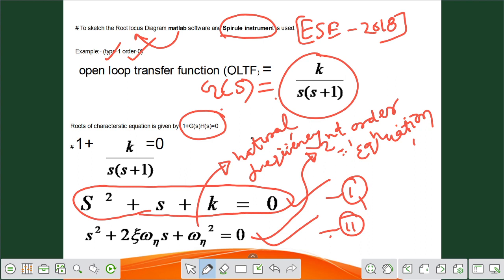What is zeta here? Zeta is the damping ratio. Already we have seen in previous units what the damping ratio is and how it comes, so I am not elaborating more on this equation. When I compare these 2 equations, I can calculate the omega n value and zeta value. Omega n is the natural frequency, zeta is the damping ratio.